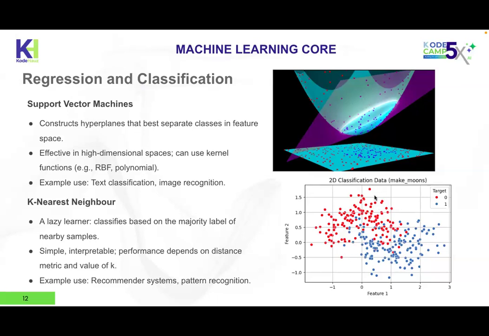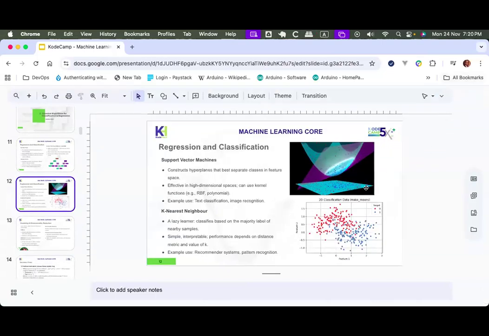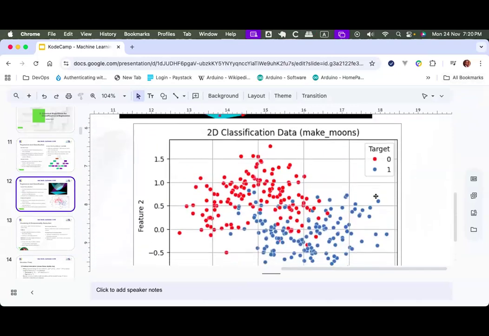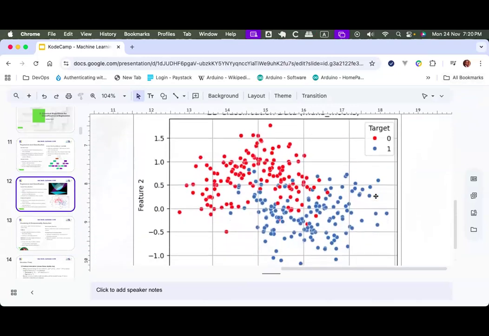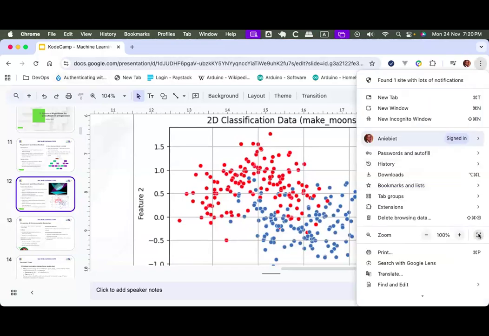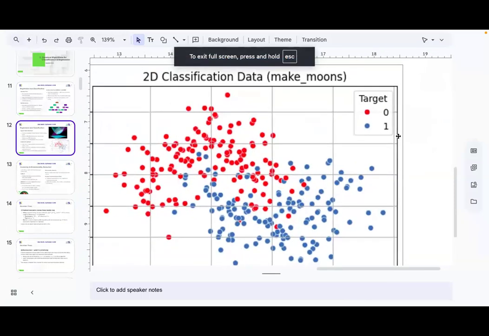So if you look at this as a typical data set, let me zoom in so that it will be easier to see this. This data set is just a two-dimensional data set. So it's very easy to visualize because it's just two-dimensional. Once it becomes more than two-dimensional, it becomes a bit more difficult.